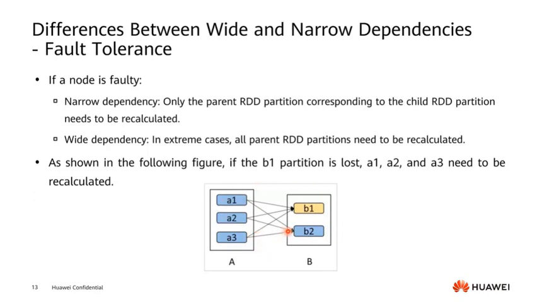Obviously, it's a wide dependency. If the B1 partition is lost, A1, A2, and A3 need to be recalculated. But actually, some data should not be included because part of A1, A2, and A3 may be used by another child RDD, B2. That is the difference between the two dependencies we have mentioned.